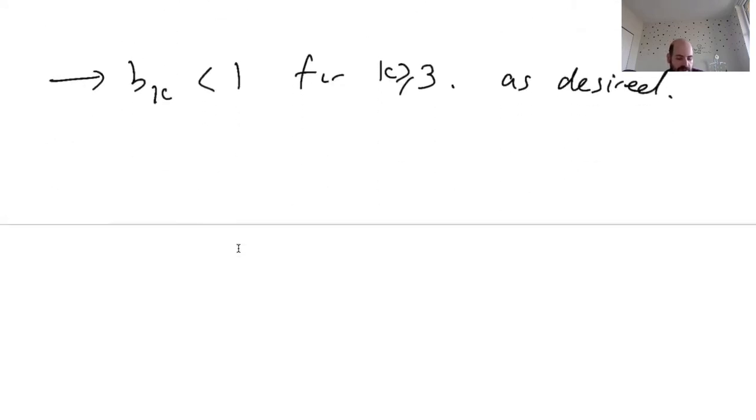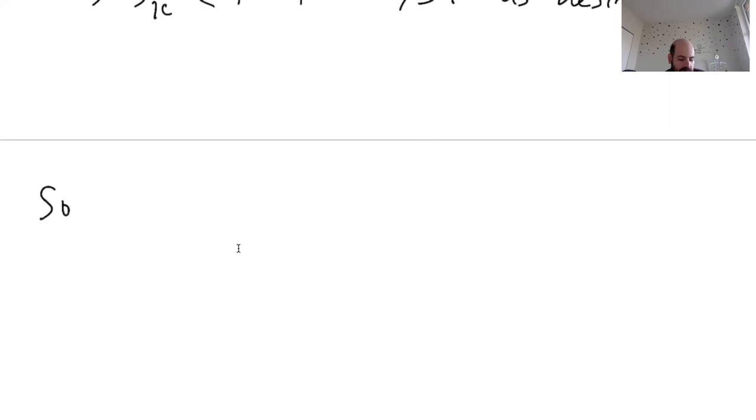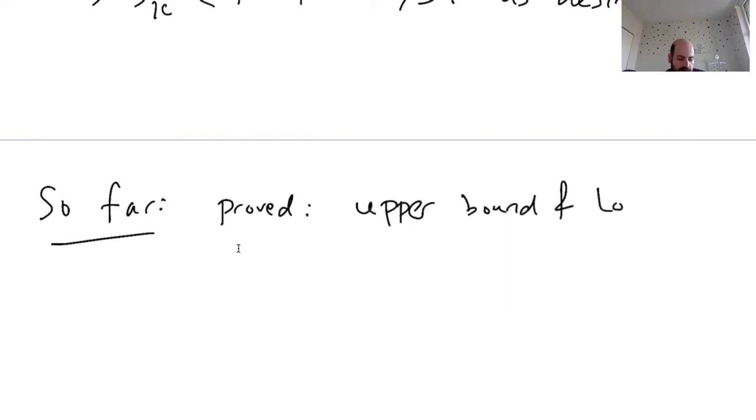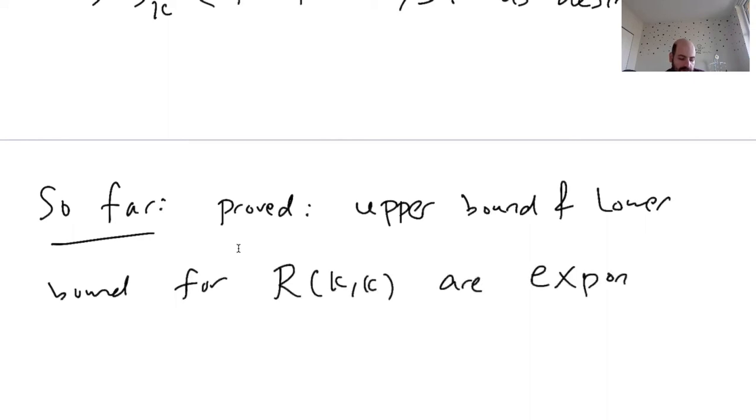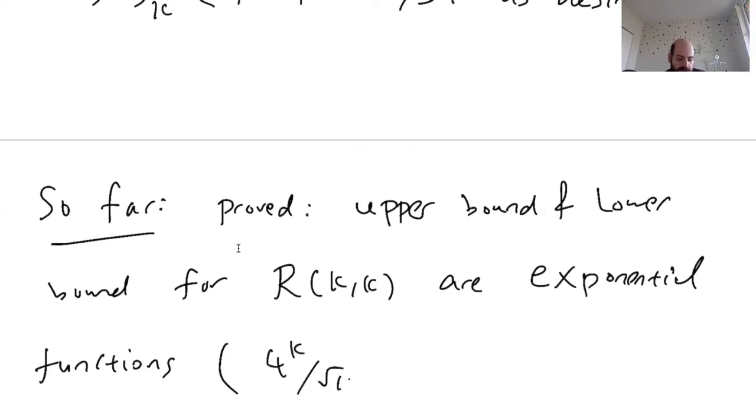Okay, so what have we shown so far? So far we proved that the upper bound and lower bound for Ramsey numbers R of k, k are exponential functions. What were they, do you remember? 4 to the power k over root k and 2 to the power k over 2, respectively.